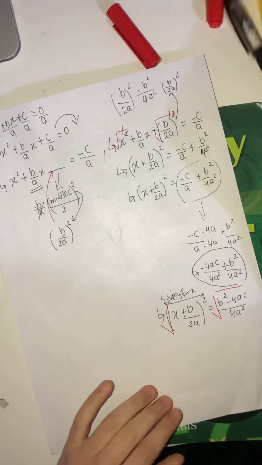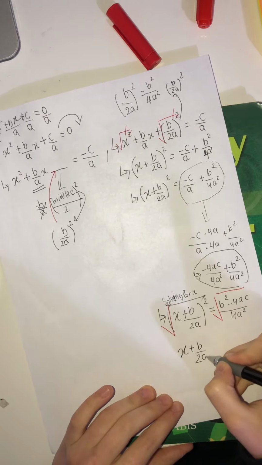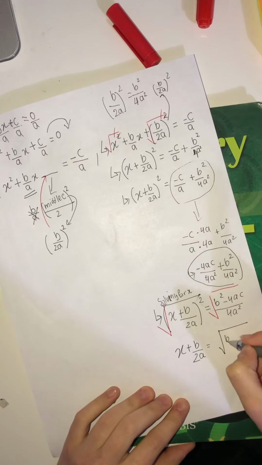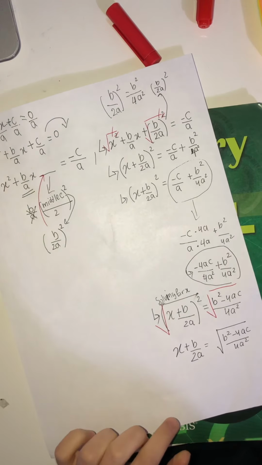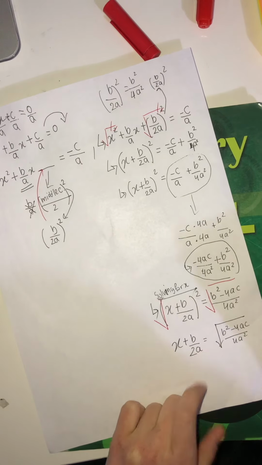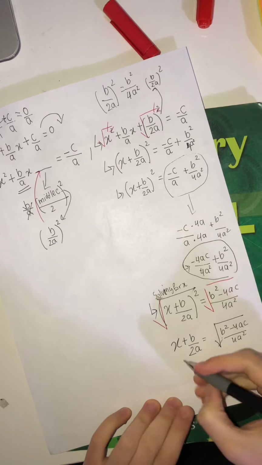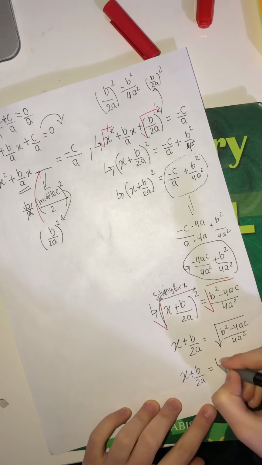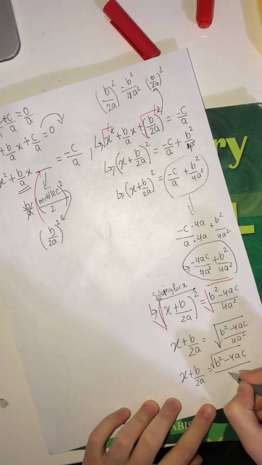I will be left with x plus b over 2a equals the square root of the numerator over the square root of 4a². Now we know we can't have a square root in the denominator, so I get rid of this, which stays in the denominator. That is equal to the square root of b² minus 4ac over 2a.